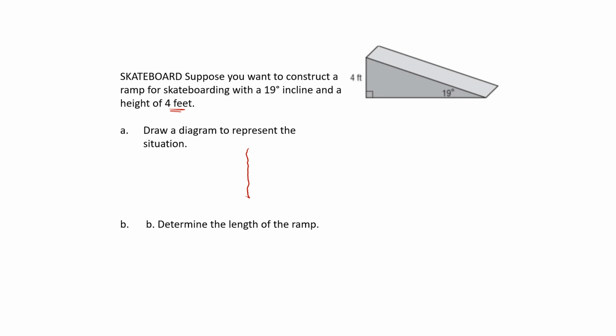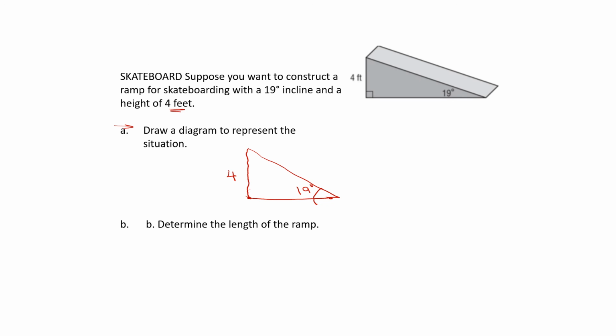And if they are talking about some inclination, of course the distance between that straight line and the ground will always be a horizontal line. And when we talk about leaning against the ground, of course this angle you will make 19 degrees. They are saying that the height is 4 feet and the incline is 19 degrees. First of all they are asking us to draw a diagram to represent the situation.